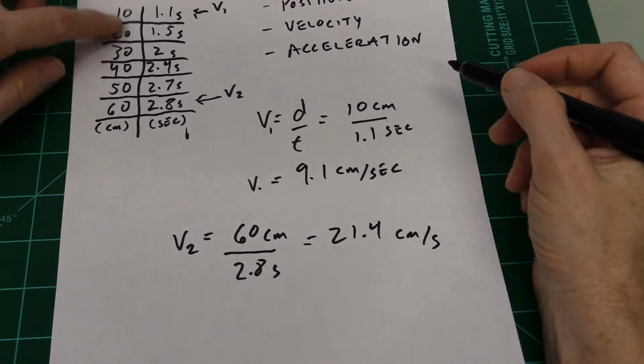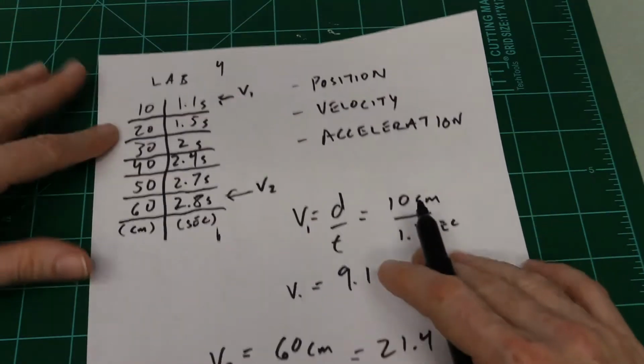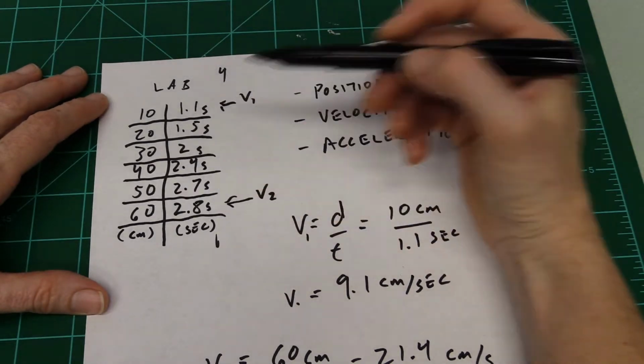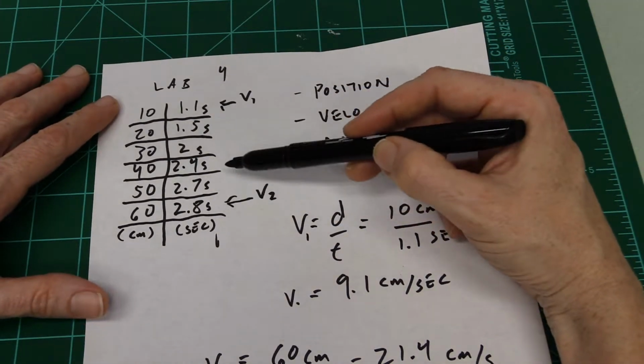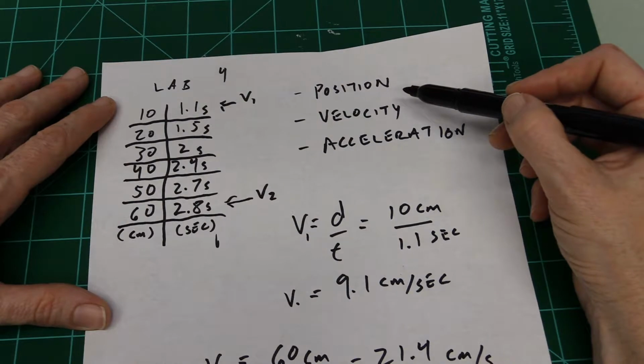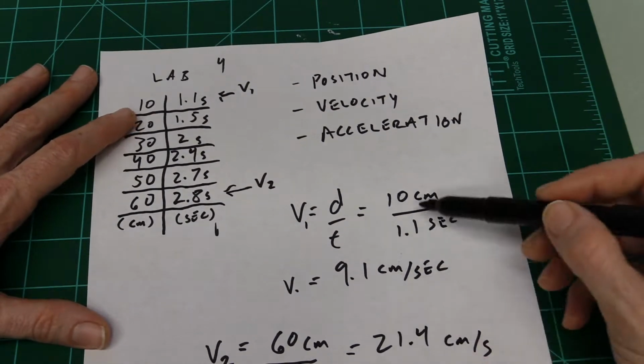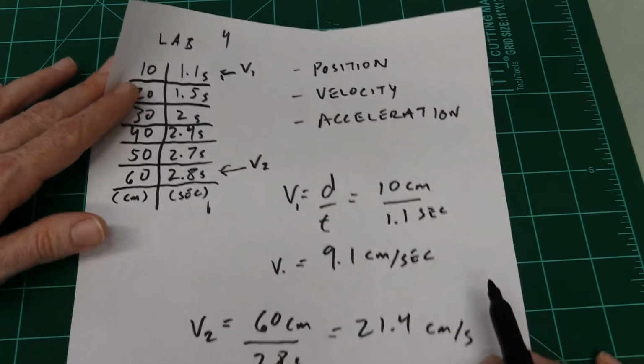These are your positions up here, and here are your times. You investigated position, and then we looked at the change in velocity, and you plotted that.